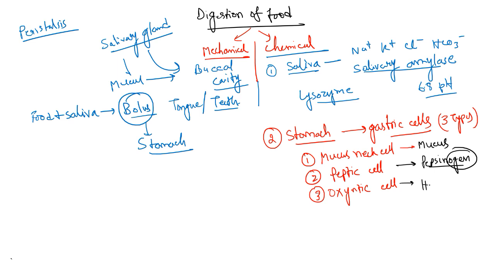And then we have this parietal or oxyntic cell. This one secretes hydrochloric acid, HCl, and also produces Castle's intrinsic factor, which is, let me write it, Castle's intrinsic factor. It produces Castle's intrinsic factor, and this is needed for absorption of vitamin B12.